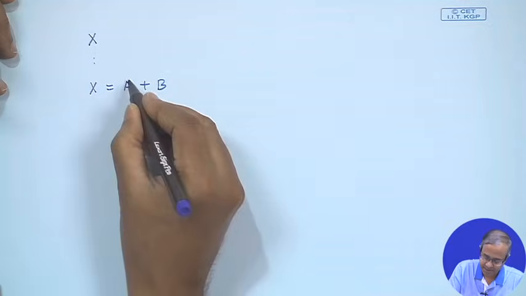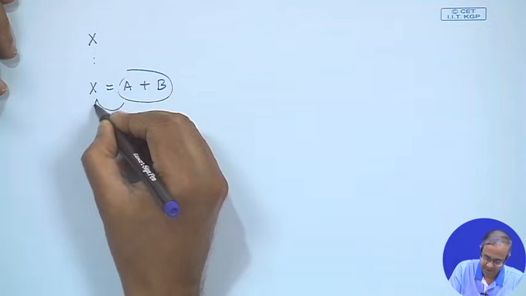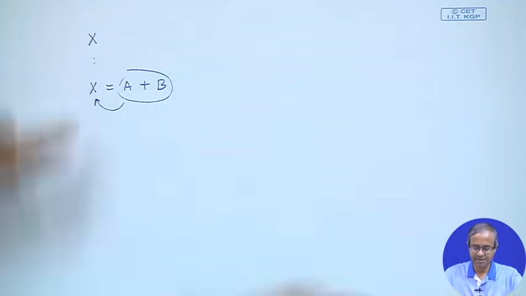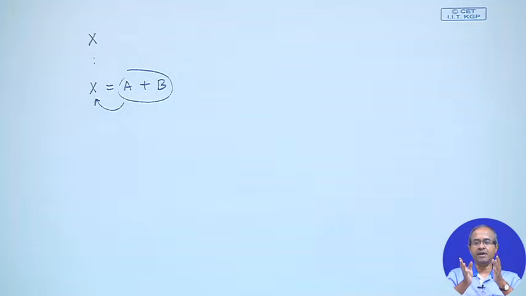So, something will get assigned to x. Now, this assignment will not be done using an assign statement, not continuous assignment, because I told in the last lecture that in an assign statement the left hand side must be a net type variable, it cannot be a register type variable.